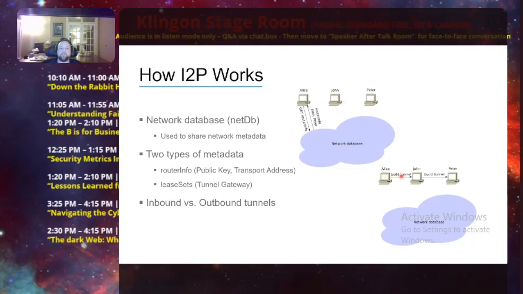And then down here, Alice is going to build that outbound tunnel. So now the information is going to be encrypted here. Once it is received by John, his machine is going to be able to see, again, that it came from Alice. He's going to know to send the information on to Peter, but only Peter, with his private key, is going to be able to decrypt the information that Alice encrypted with his public key.